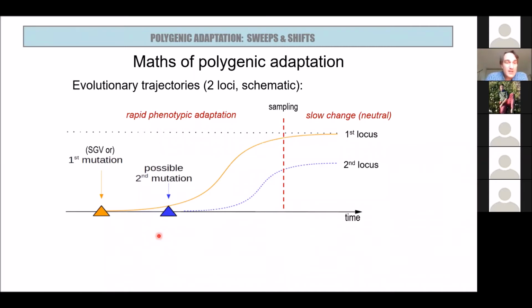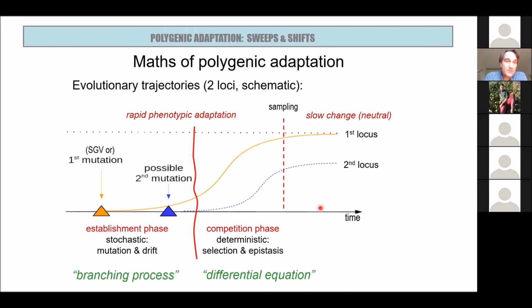And what selection does, it picks these up, drags them to a high frequency, and then once we approach the new optimum, all of a sudden this change gets slower. This is frequency here on the y-axis, and these frequency changes get slower, and at some point they are altogether stopped, right?